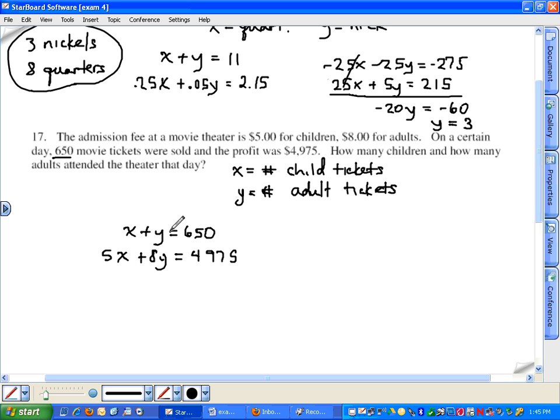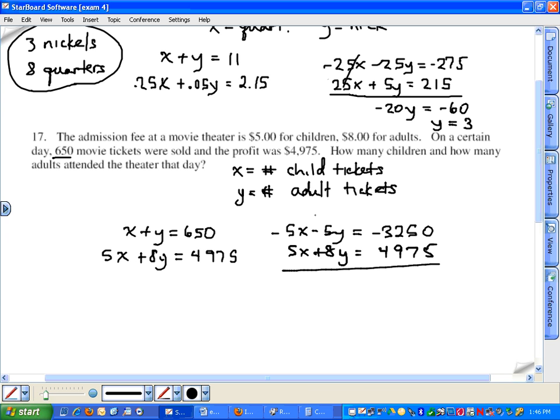Now if I multiply the top equation by negative 5, again to try to cancel x, then this is going to be negative 5x minus 5y equals negative 3250.